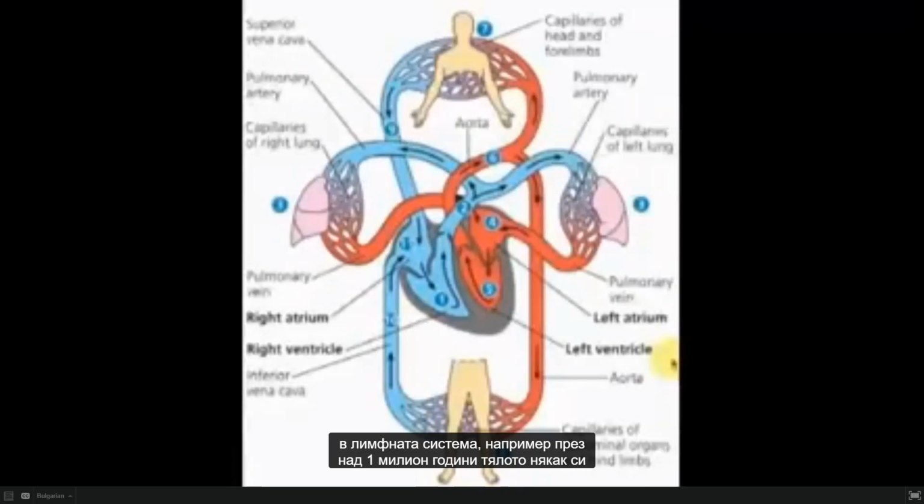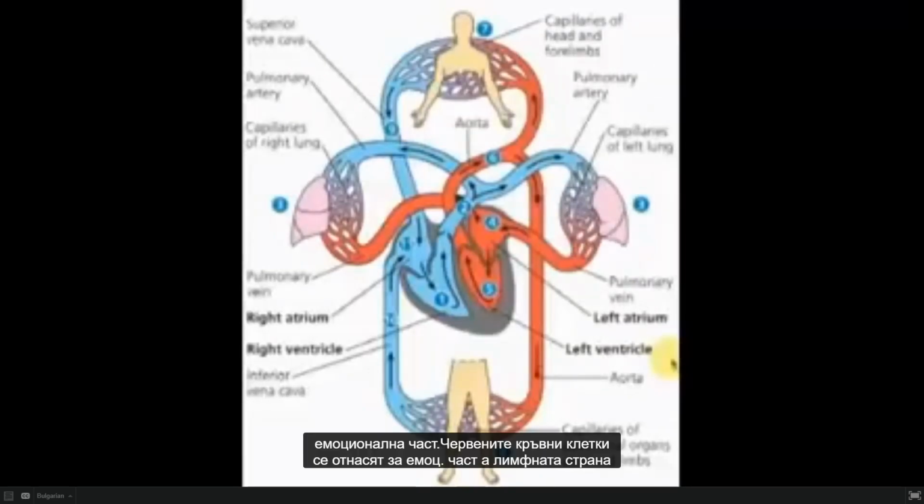And over millions of years, the body somehow has brought these 4 systems and put them together in the heart. So in so many ways, our heart is an evolution, a development of our physical part to be looked after, and the emotional part.